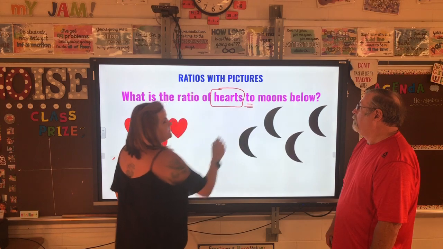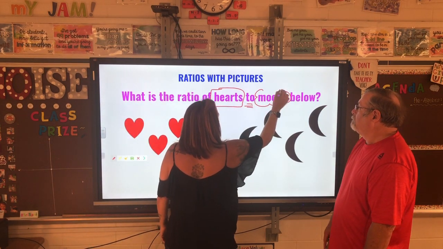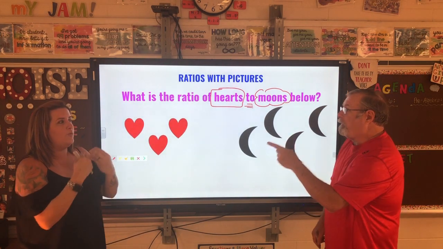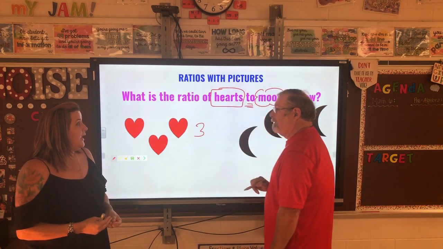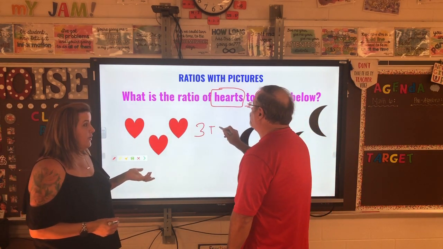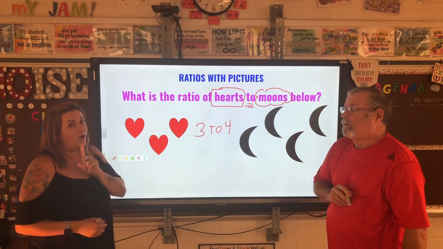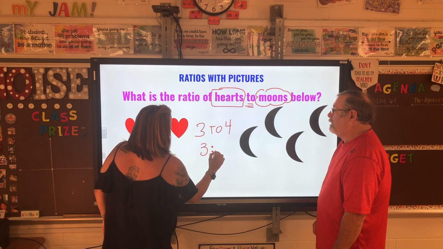It literally gives me the word to. And then I want the moons. So the number of hearts has to go first, 3, to the number of moons, 4. And I could also write that 3 colon 4.